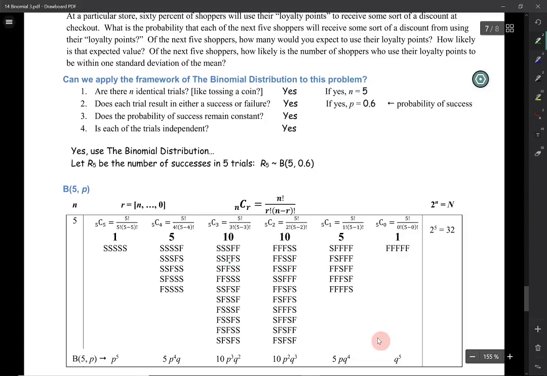The other goal of this class is to prepare you for 314, which is business finance, and the time value of money concepts are very important there. So we'll look at this mortgage problem.